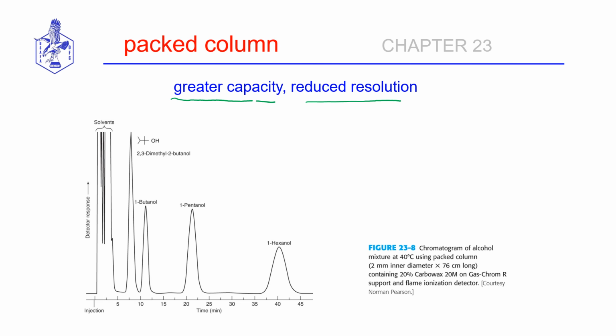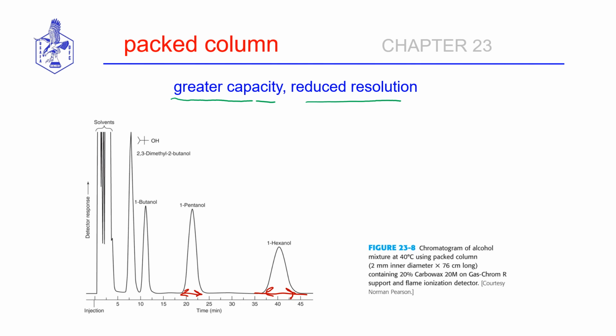Shown here is an actual separation carried out for a sample on a packed column. Okay, and it's just to demonstrate that yes, you can get a good clean separation for certain compounds using this choice of column. The bands are noticeably wider. Okay, on a packed column, your effective bandwidth down here, much bigger.